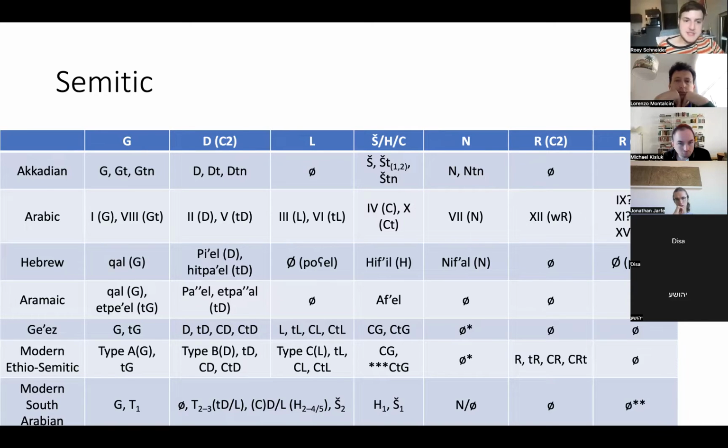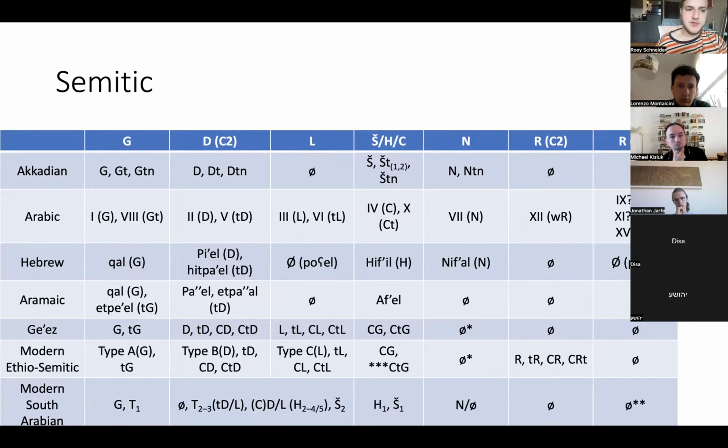So each of these has the simplest form. In the G, it's the G, or the Arabic first form, fa'ala, Hebrew kal, Aramaic kal, Gez G, modern Semitic, what is referred to as type A, so sabr, or something like that, and modern South Arabian G. But there are also derived stems from this basic stem.